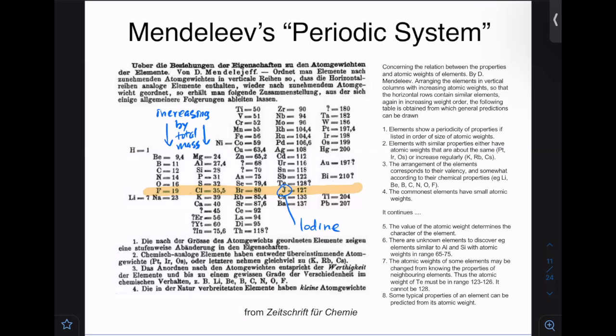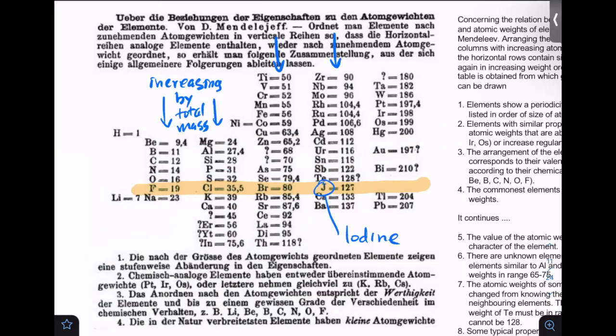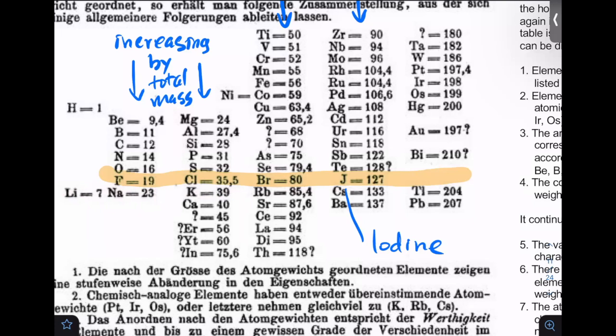Oh, this one's heavier than this one, so this one comes next, right? And if you go down all of these columns, you'll see that trend until we get to J. So what's right above J there? Te, tellurium, okay? Tellurium has a mass of 128, and iodine, J, has a mass of 127.